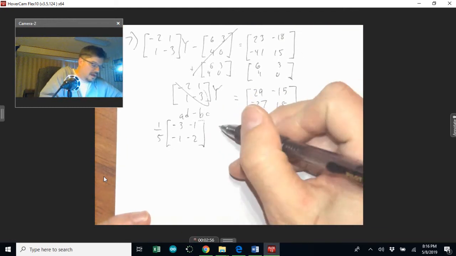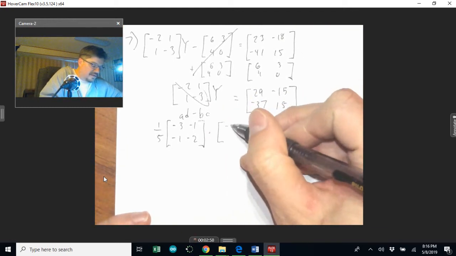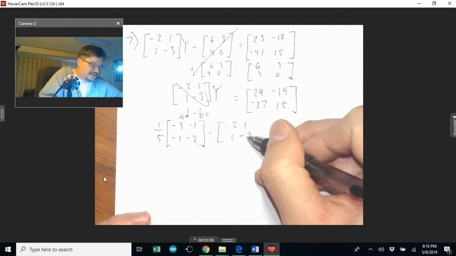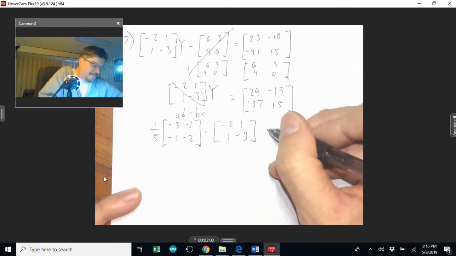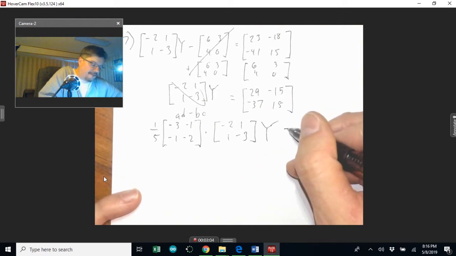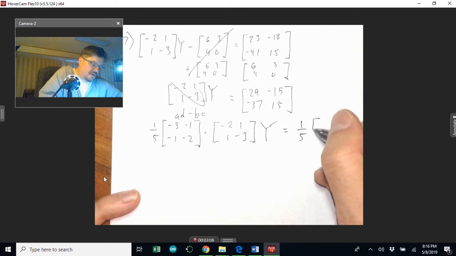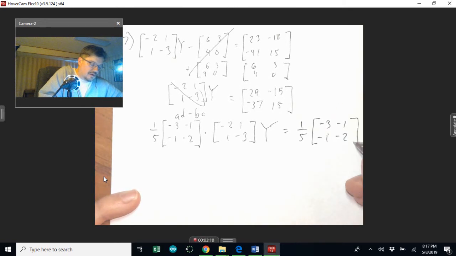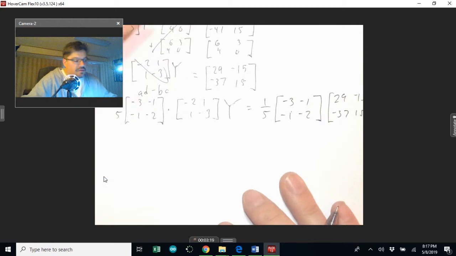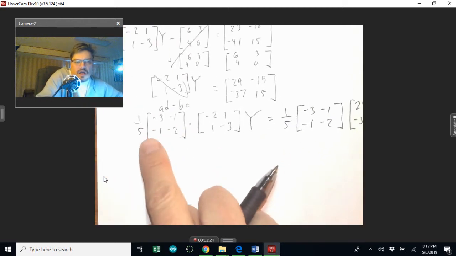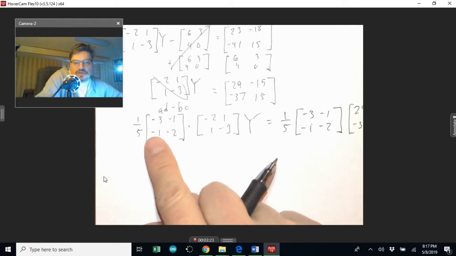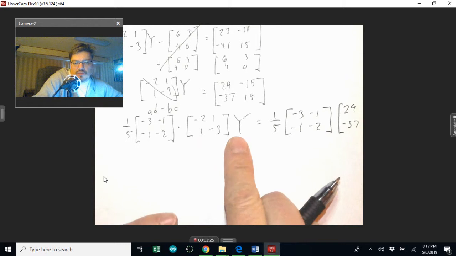Now if I multiply both sides by this, I'm only going to do this for this one example. 1/5. Notice how I'm putting them in front. So I have my inverse matrix multiplied to this times y equals this.